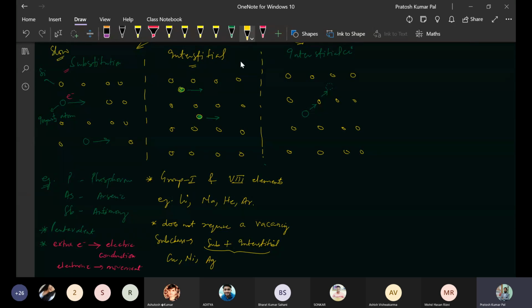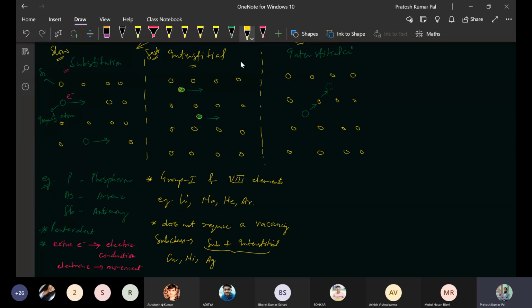Okay. So if any diffusion is having substitution as well as interstitial methods, then overall the interstitial diffusion will supersede the substitution diffusion, because that is of slow nature. So overall the diffusion taking place is because of the interstitial only.